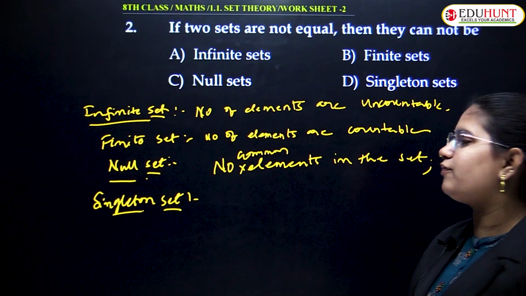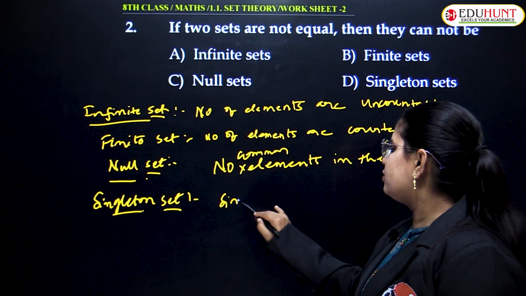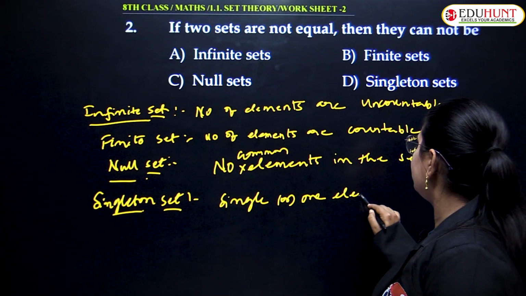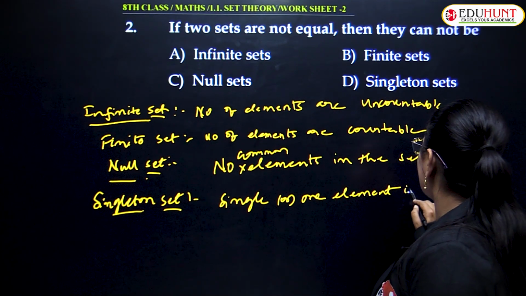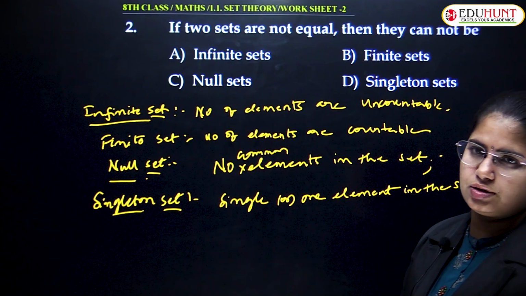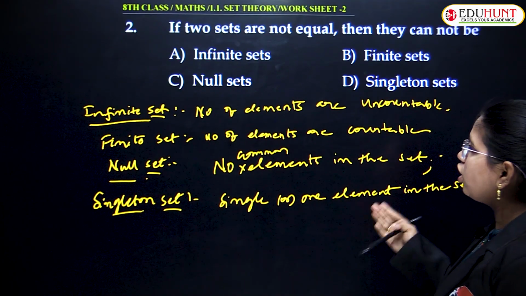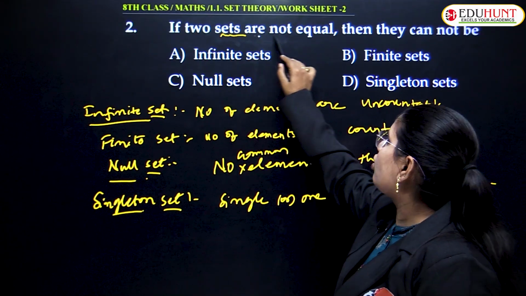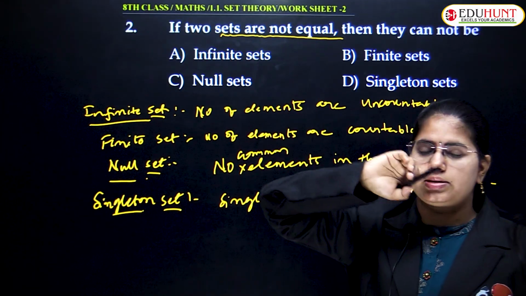And a singleton set, if you have a single or one element in the set. So what is the question asking? If two sets are not equal, before solving this question, you should also learn what equal sets are.